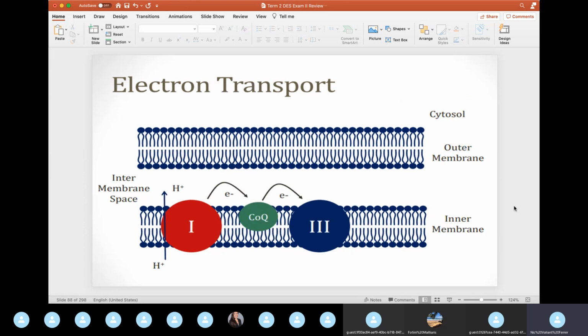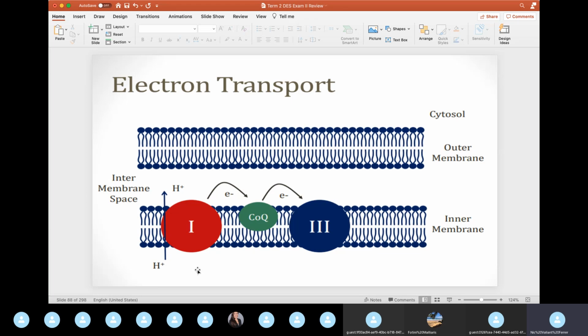So we have now NADH. Remember the NADH from the TCA cycle? Where does it go? Complex 1. So at complex 1, we're producing H+. As I remove the H+ in my NADH, as I oxidize, right?